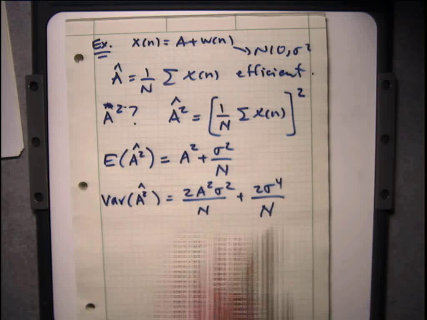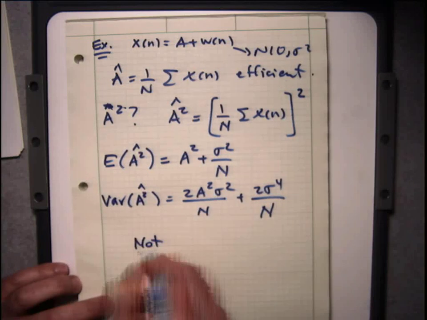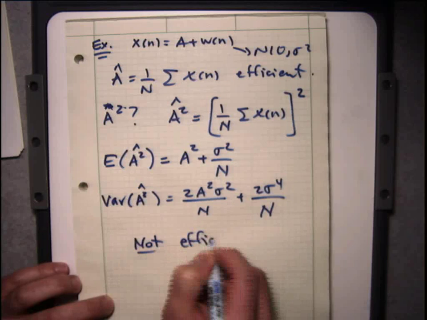Now you have something very different. This variance has been lifted above the lower bound that you would have had before, so this estimator is not efficient anymore.